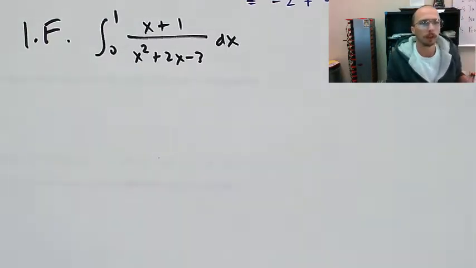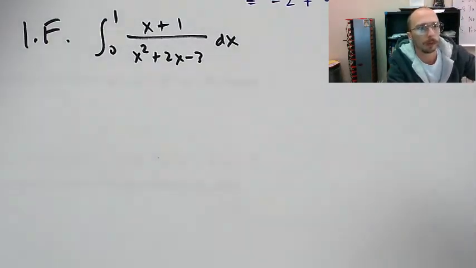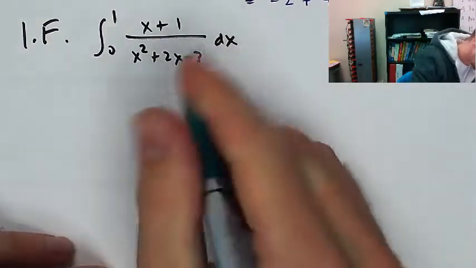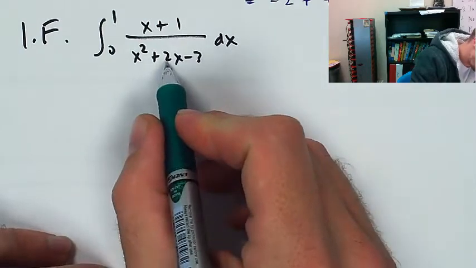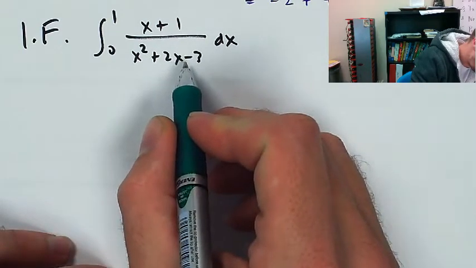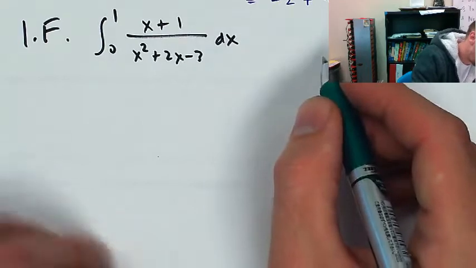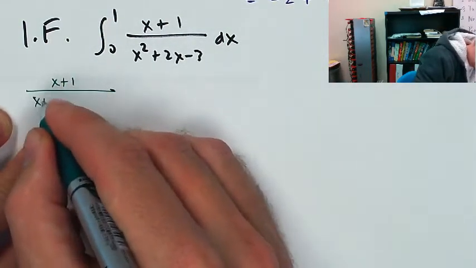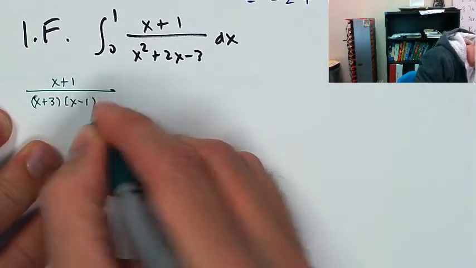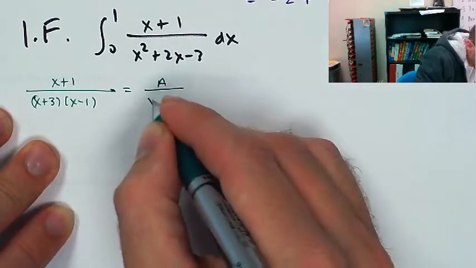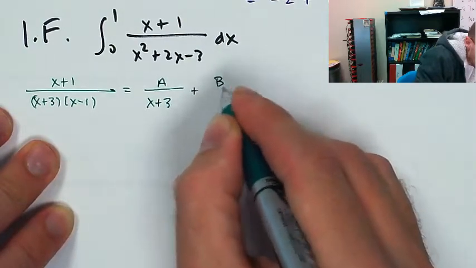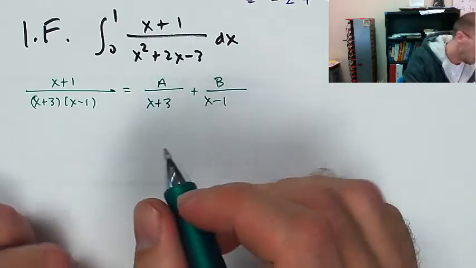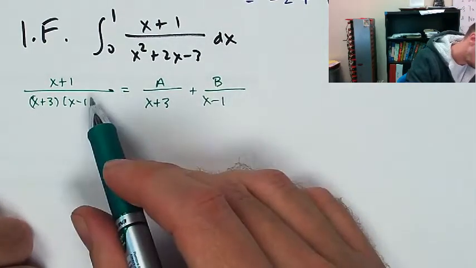All right, next I've got the integral from 0 to 1 of x plus 1 divided by x squared plus 2x minus 3 dx, and I can see that the denominator is factorable as x plus 3 times x minus 1. So I'm going to say x plus 1 over x plus 3 times x minus 1 is equal to some number over x plus 3 and some other number over x minus 1. Okay. Then I'm going to clear out the denominators.